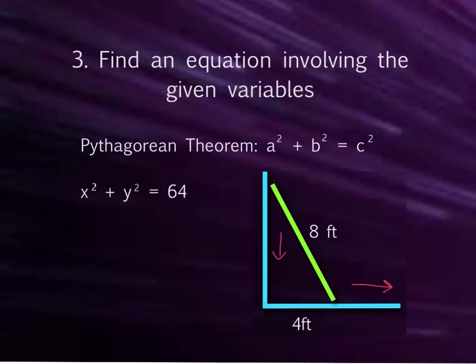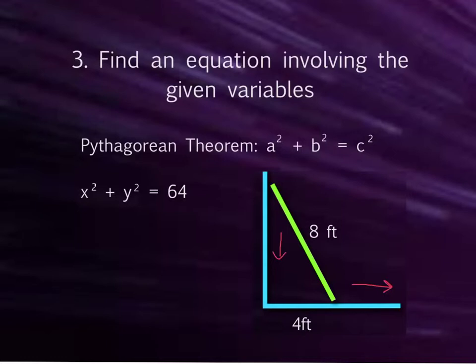Step 3. Find an equation involving the given variables. In this problem, it is best to use the Pythagorean theorem, a squared plus b squared equals c squared, because the ladder forms a right triangle with the wall. The equation x squared plus y squared equals 64 is always true because the ladder is 8 feet long.